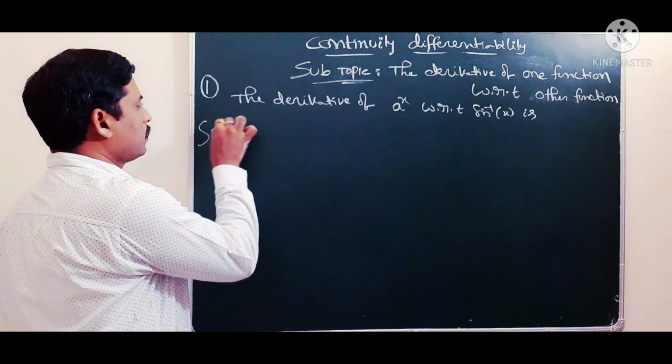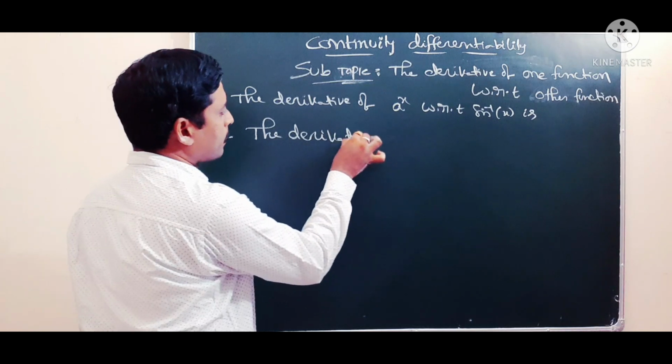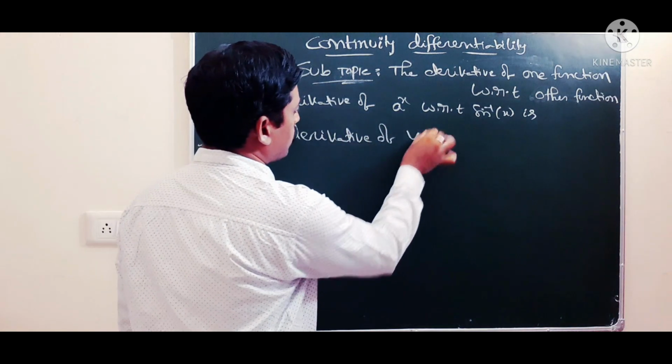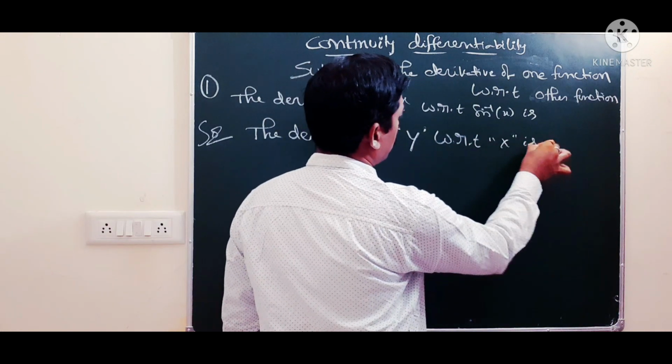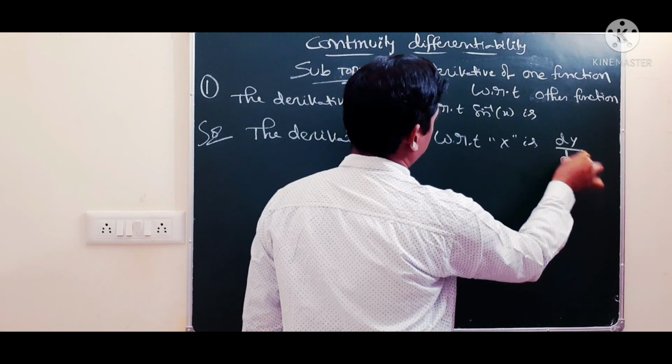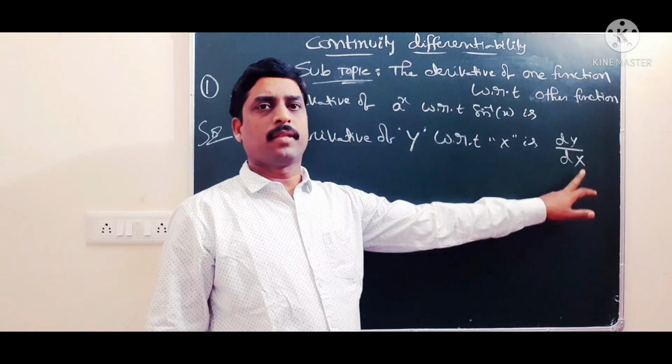We have one formula: the derivative of y with respect to x is denoted by dy by dx. dy by dx means the derivative of y with respect to x.